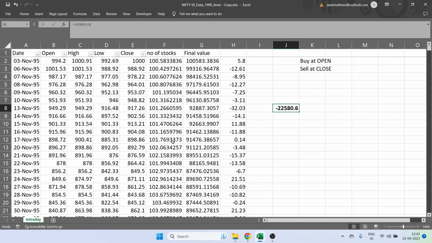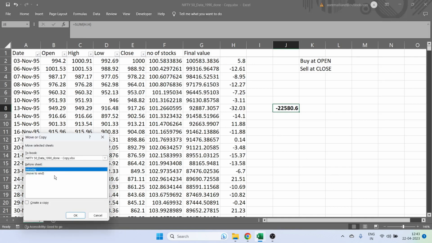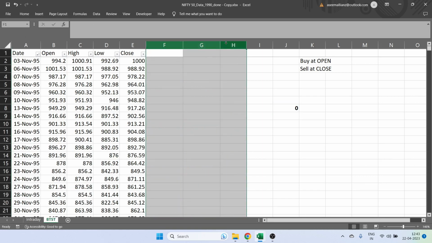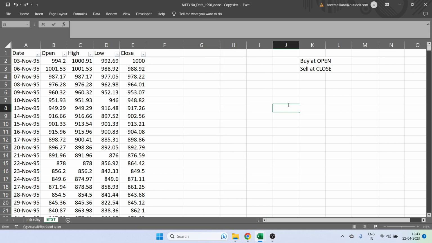What I'm going to do is, let's now do the BTST strategy. So I'm just going to copy it. I'm making another sheet here. Let's call it positional or BTST. And let me just remove all the extra columns that we had created. Now our rule is we will buy at the closing price, and I will sell at the next day's open price.